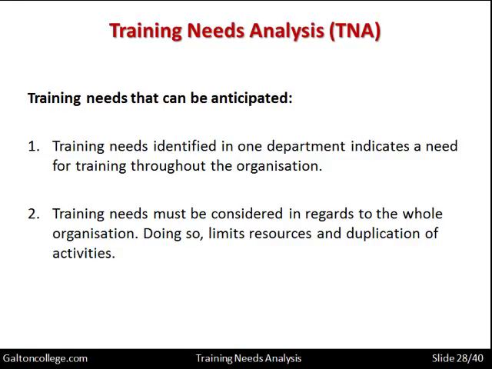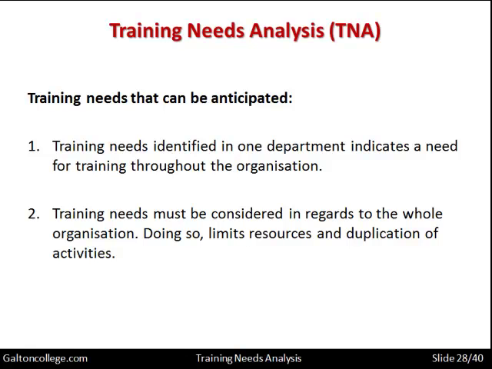If training needs can be seen within the context of the whole organisation, then it limits the costs and it stops the duplication of activities. For example, let's say a particular department needs a particular training course. Now, if a different department needs essentially the same training course, should it be developed from scratch again?